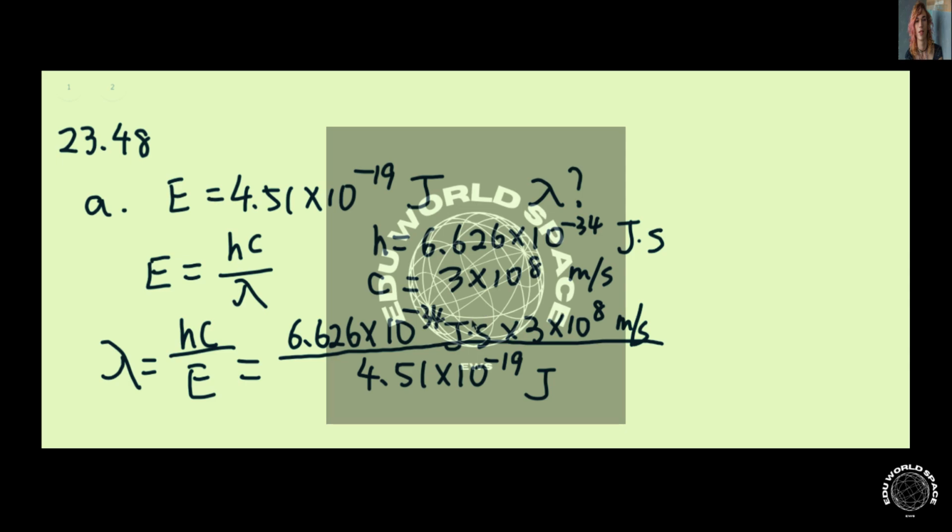So the units of joules and seconds cancel, and we remain with the unit of meter, and we get a number of 4.41 times 10 to the negative 7 meters.